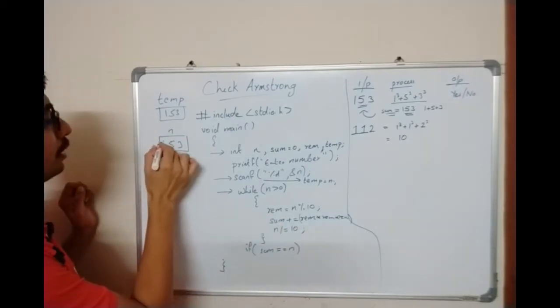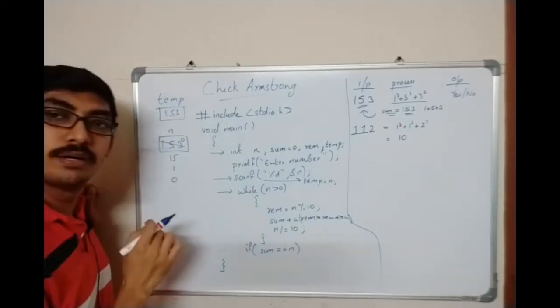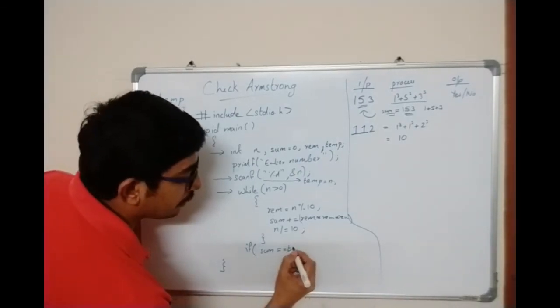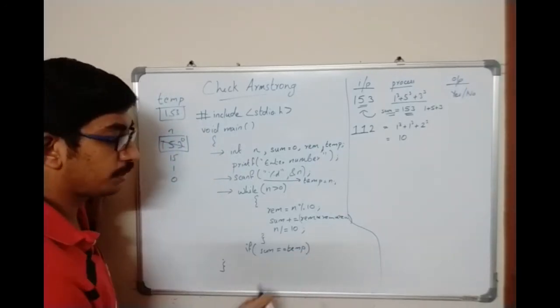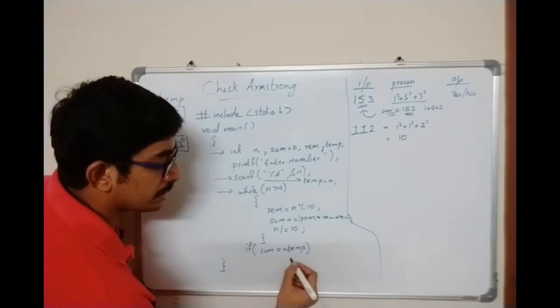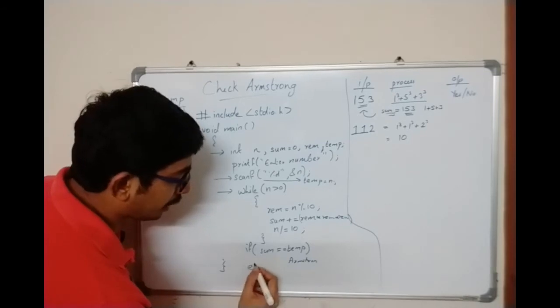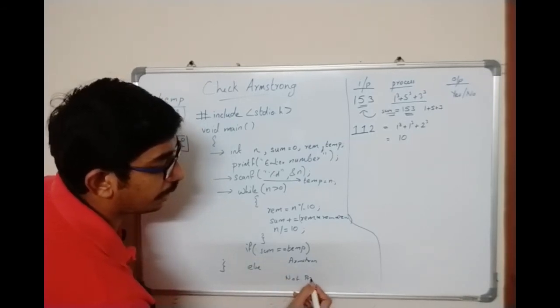After processing, the value in n will become 0, but temp will still have the original number. So finally you can check whether sum is equal to temp. If both are the same, printf it is Armstrong. Else, it is not Armstrong.